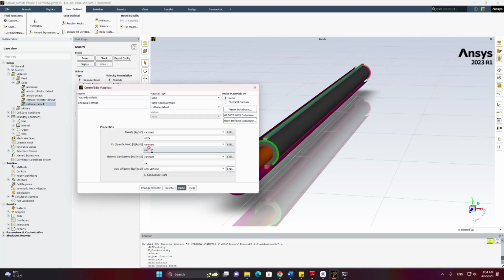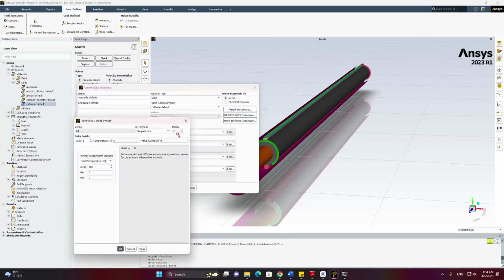Now for the thermal conductivity, it is constant at 1.15, but it says to give a piecewise linear function. Here we give piecewise linear and two temperature points, point 1 at a temperature of 5 and giving it a value of 570.